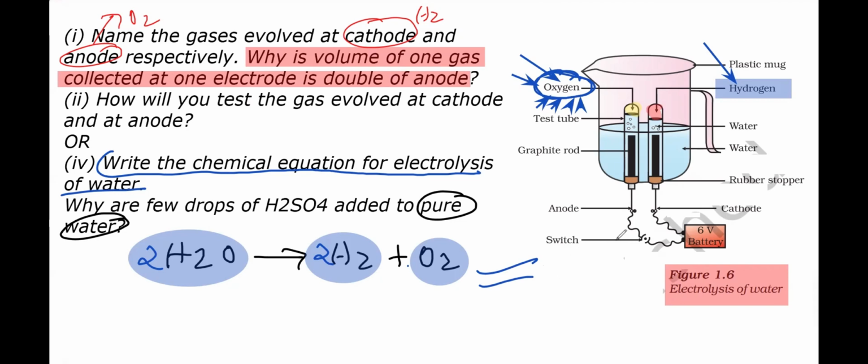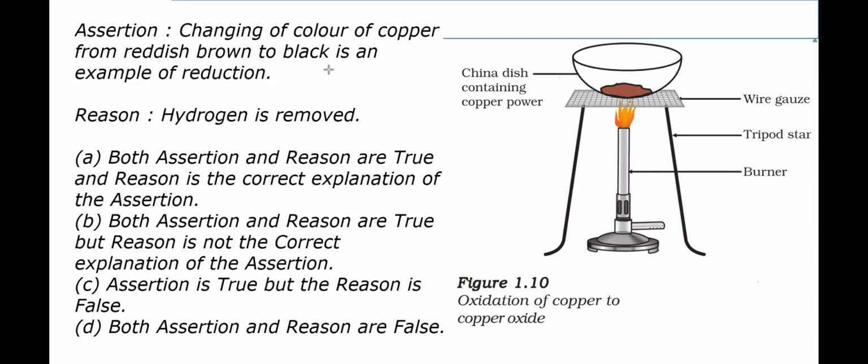So no electrolysis will take place. In order to make it conducting, we add a few drops of either H2SO4, sulfuric acid, or hydrochloric acid. Otherwise, electrolysis will not take place. So these are the answers for these questions.